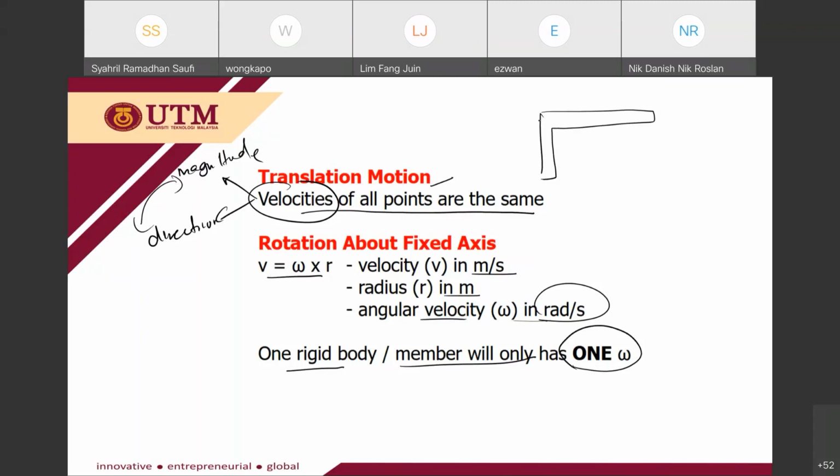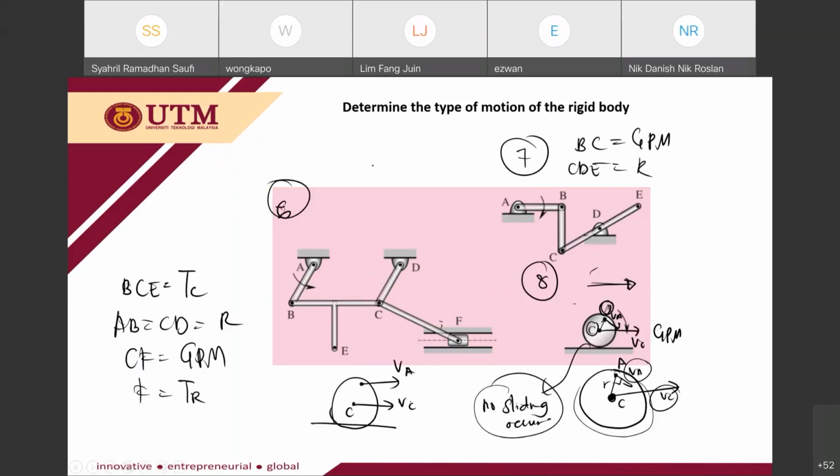Okay, and this is one member, then you will have one omega. Let's say for this case, you have member AB. This member AB will have omega AB, and then this member BCE is not in a rotation.